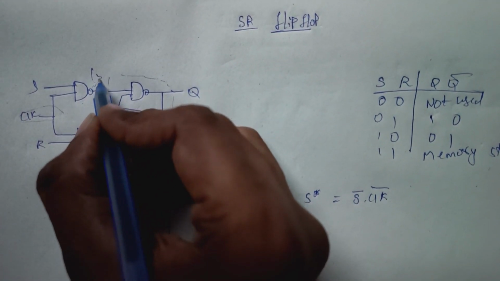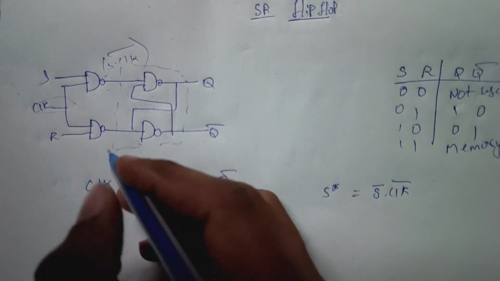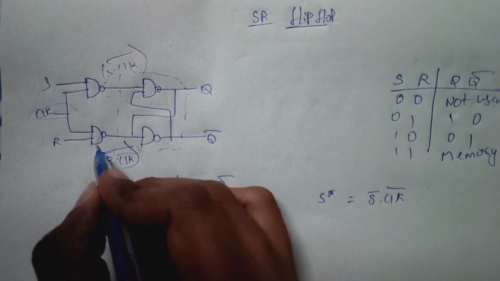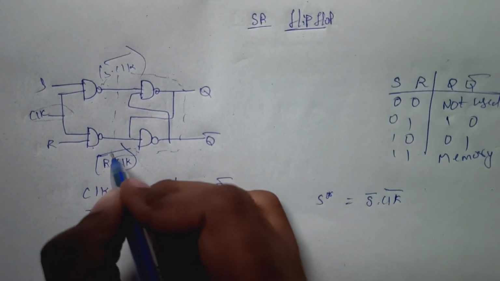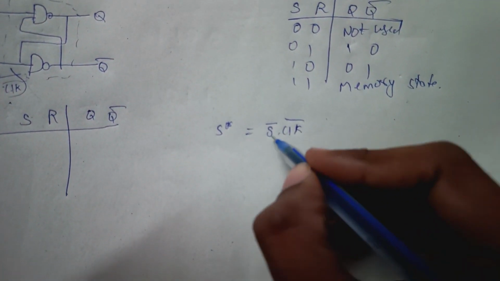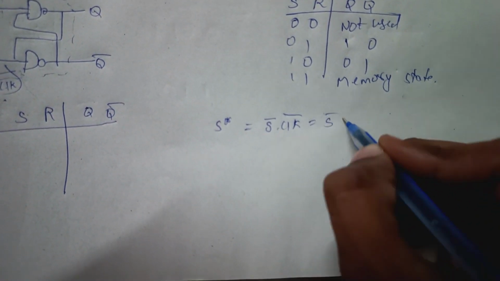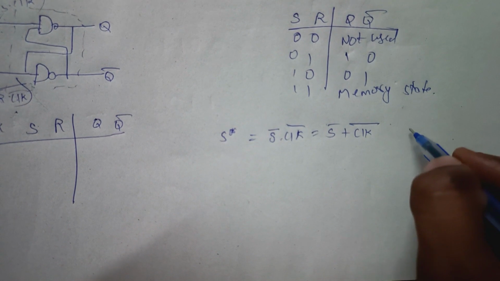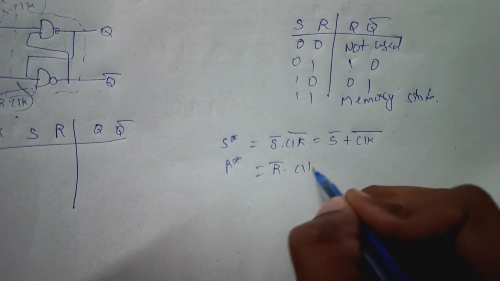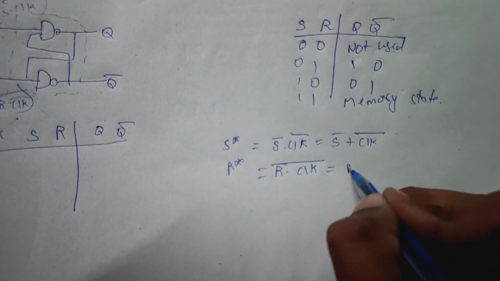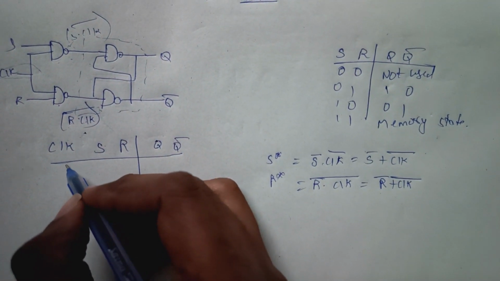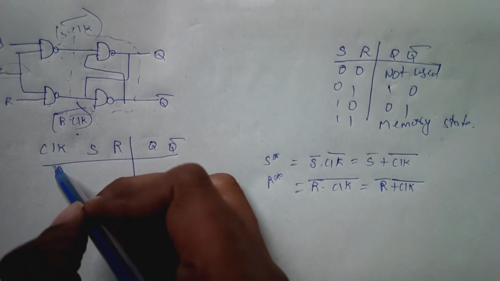That means S star is S into clock bar, and R star is R into clock bar, where NAND is nothing but the AND operation with a complement applied to it. Here S star is equal to S bar into clock, and by applying the Boolean expression we get S bar plus clock bar. For R star, R bar into clock bar, and by applying the Boolean expression, we get R bar plus clock bar.